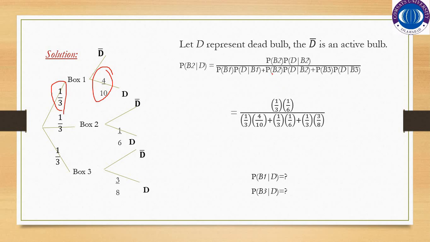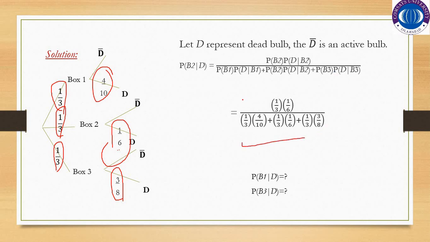Probability of B2, the selection probability of box 2, which is 1 by 3, and probability of D given B2, the selection probability of a dead bulb from box number 2, is 1 by 6, plus probability of B3, the selection probability of box number 3, into probability of D given B3, that is the dead bulb coming from box number 3, is 3 by 8.